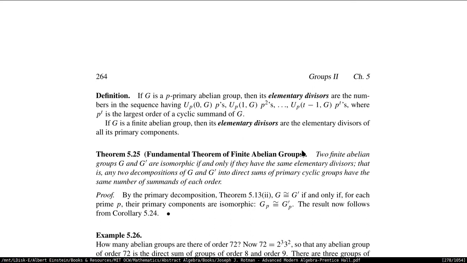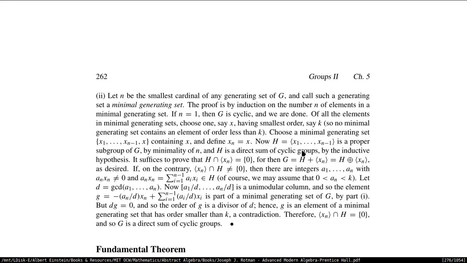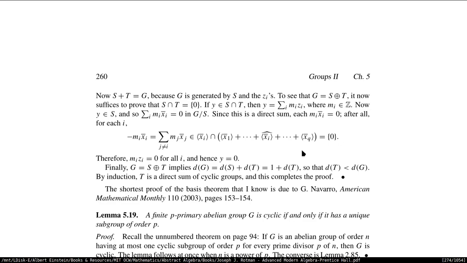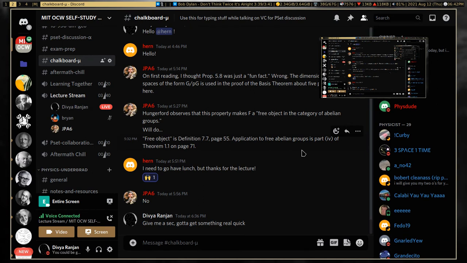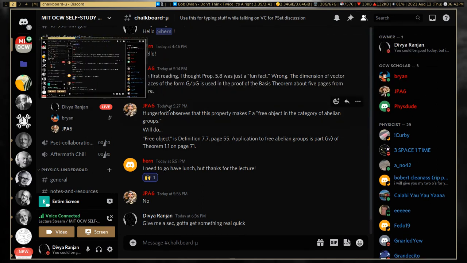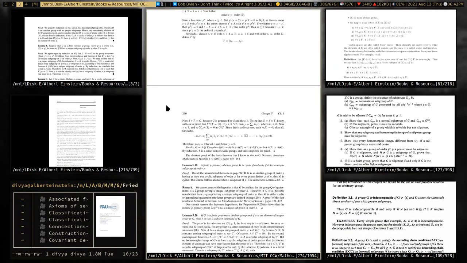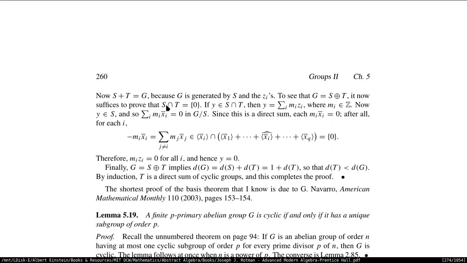So the place where I think we are now is, first of all, we did the primary decomposition, which says that we can break it apart into subgroups of prime power orders. Yep. And then the basis theorem is saying that those prime power subgroups can further be broken down into direct sums of cyclic subgroups.